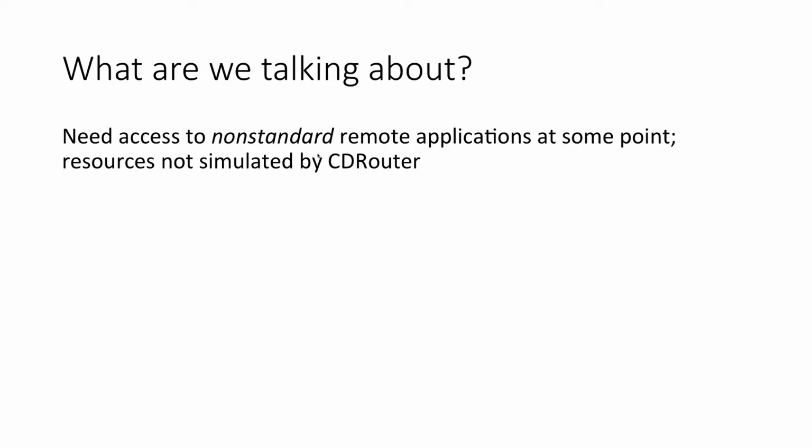For example, I say TR69 because it can be simulated, so we don't necessarily need access to a real-world ACS in that case. But in the case where it's dependent on some external resource, how can you still test that?